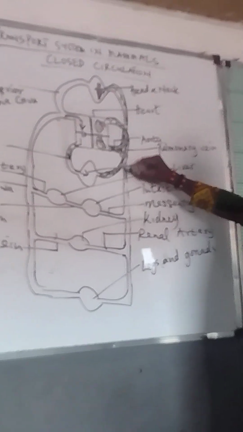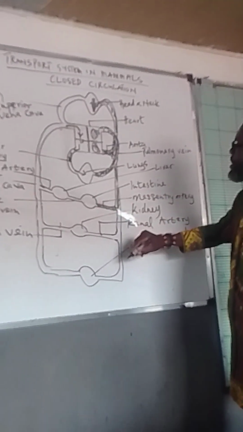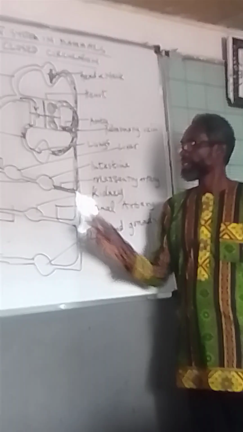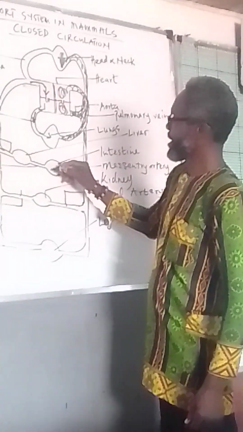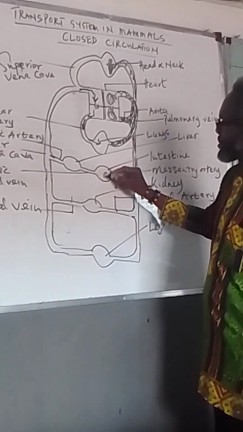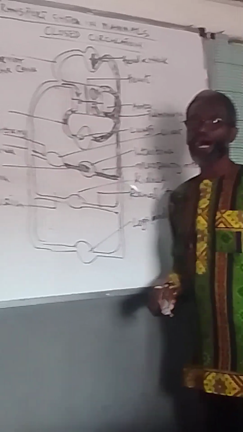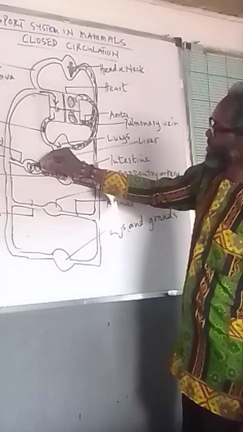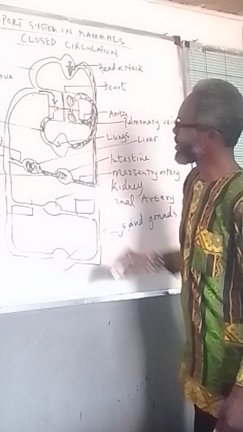It moves down again, it enters the mesenteric artery to the intestine. And from the intestine, digested food substances move on, still oxygenated, it gets to the liver. From the liver, some are stored, others move on, then without oxygen.